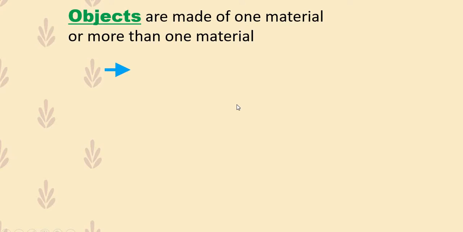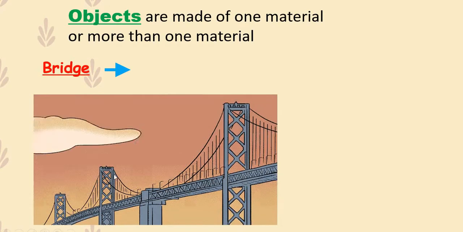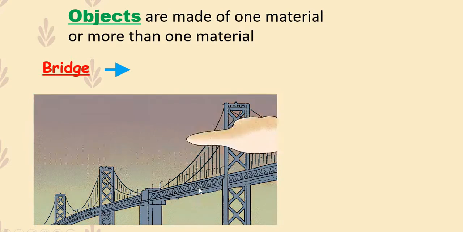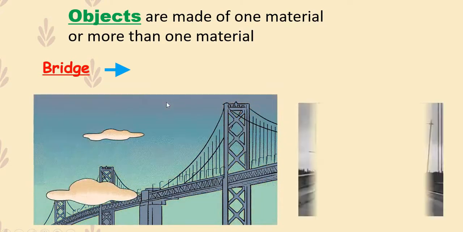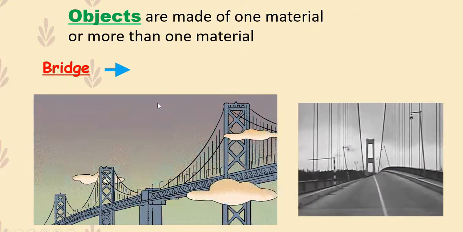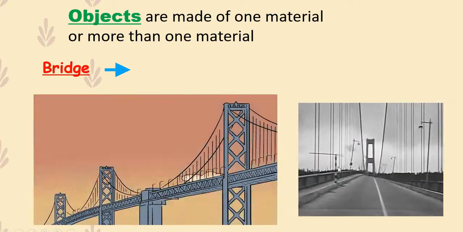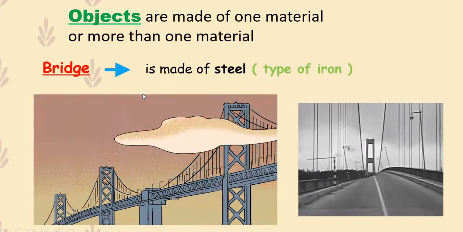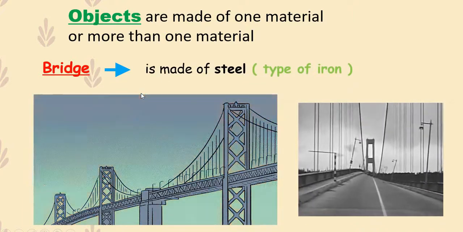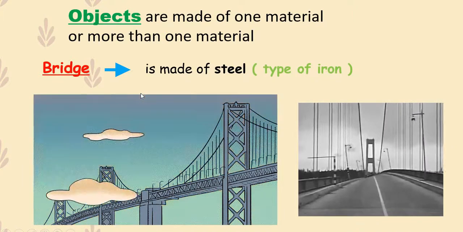So, objects may be made of one material or more than one material. Like what? You know bridge? Yeah, this bridge where the car will move above it and pass from one place to another. So this bridge, what do you think it is made of? The bridge is made of steel. And steel is a type of iron, okay?